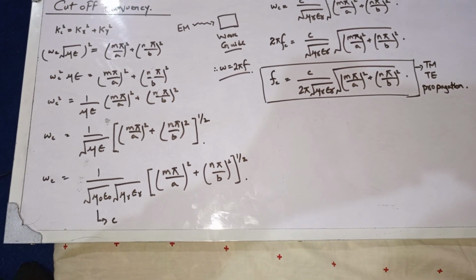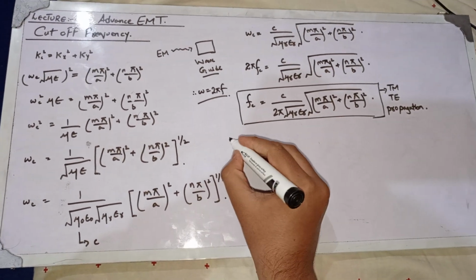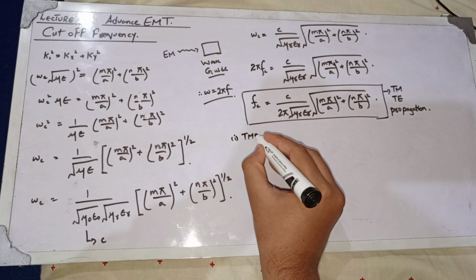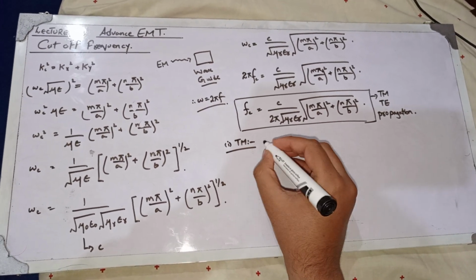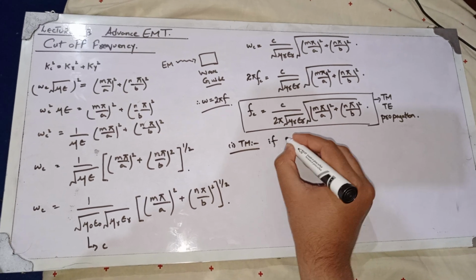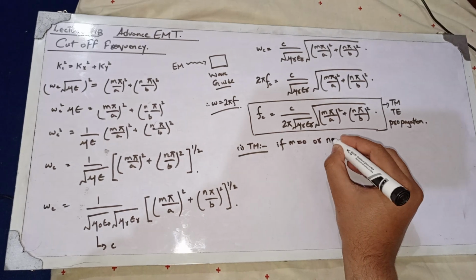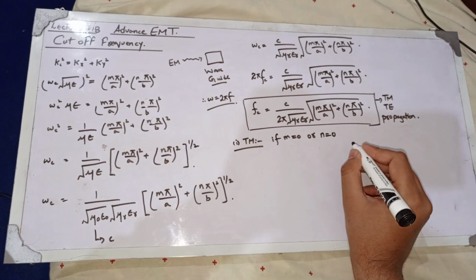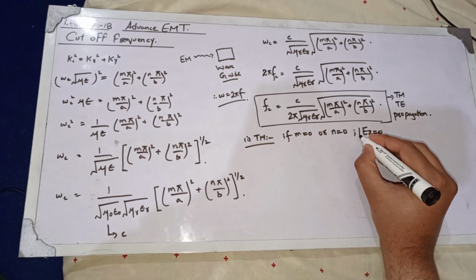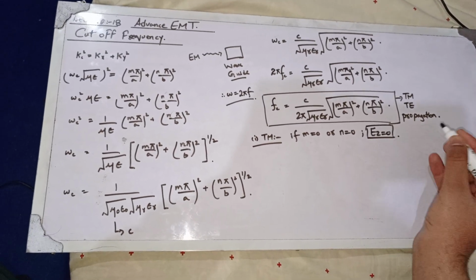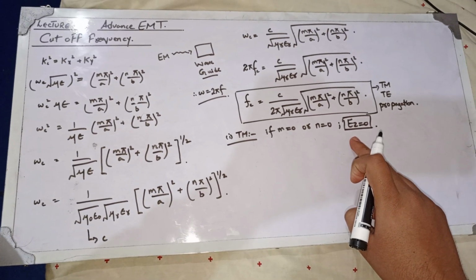Let's check the factors first for TM propagation. For TM mode, if either m equals 0 or n equals 0, or both are 0, then our Ez becomes equal to 0. The Ez equation we already derived in the previous lecture; you can watch that video.